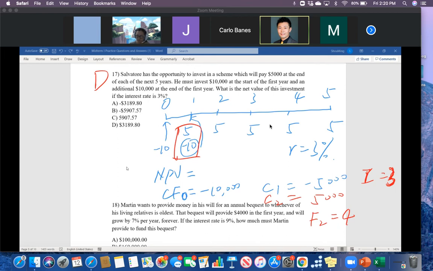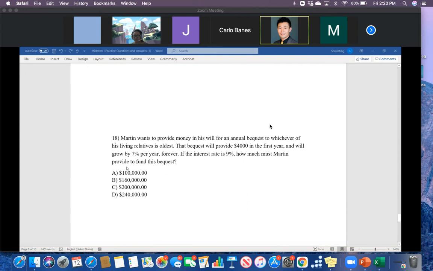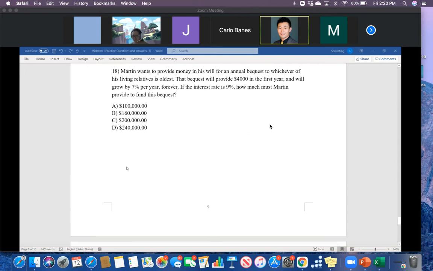All right, so if there's no question, let's jump to question 18. So Martin wants to provide money in his will for an annual bequest to whichever of his living relatives is oldest. So that bequest will provide 4,000 in the first year and grow by 7% per year forever.